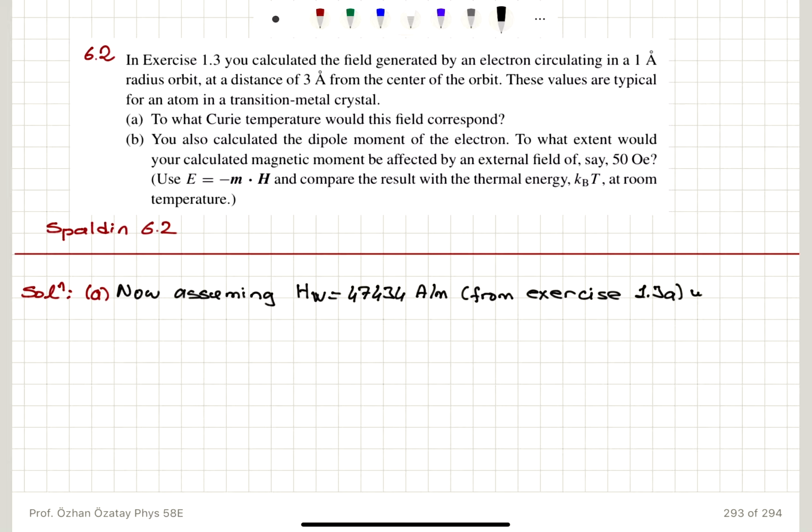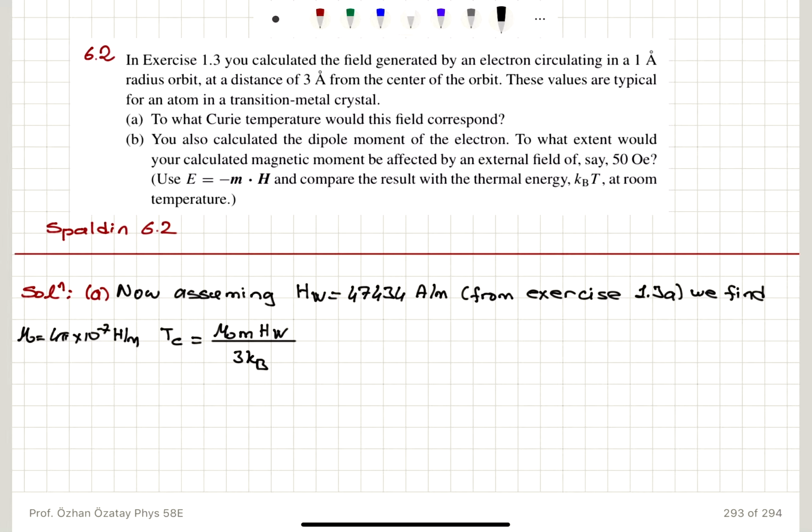Using this result, we will find the Curie temperature. From the previous problem, remember that the Curie temperature, if we're using SI units, is mu0 m times the Weiss molecular field divided by 3 times the Boltzmann constant. Here mu0 is 4 pi 10 to minus 7 Henry per meter, the permeability of free space.